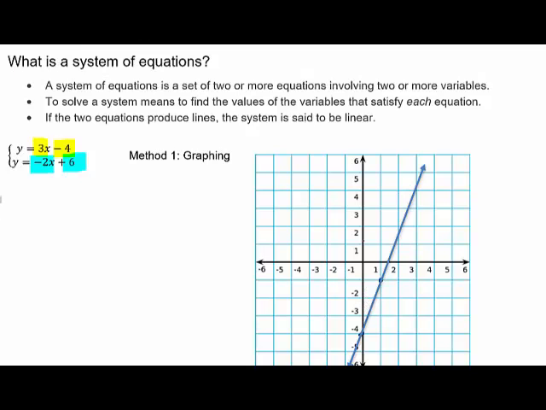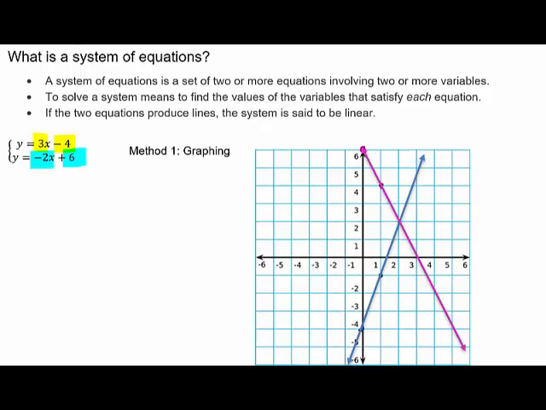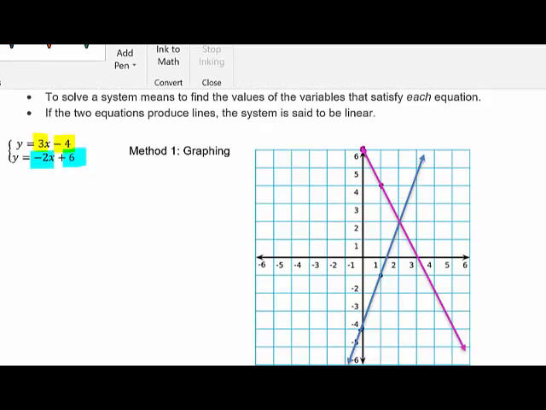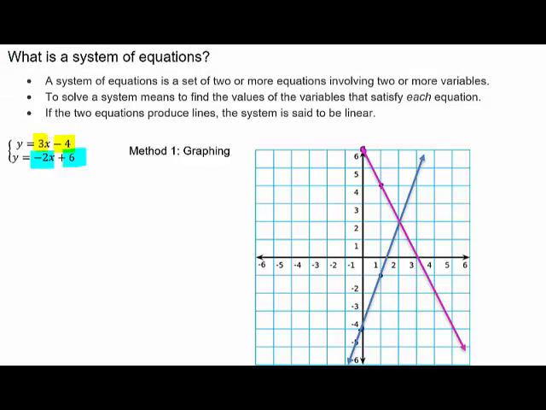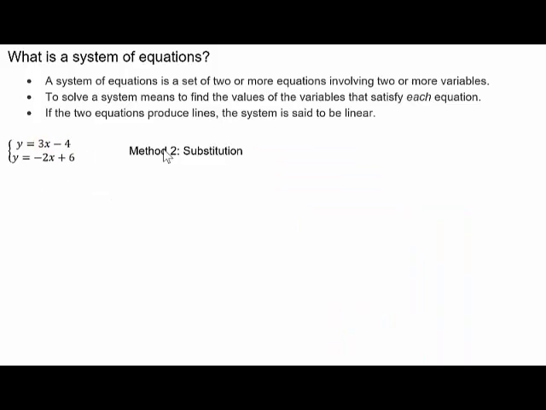So we'll first graph the y-intercept at 6, and then the slope of negative 2, that means we're going to count down 2 and right 1. And wherever these lines intersect, that is going to be our solution to the system. And so it looks like they intersect at the point (2, 2).